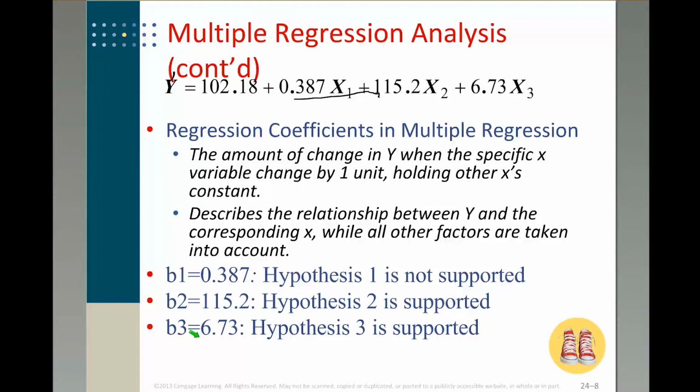Recall in hypothesis testing, we determine whether we have enough evidence in support of the hypothesis by looking at the p-value, or we should use the rejection region approach. So again, just looking at the numbers itself is not sufficient for us to make a very accurate conclusion about whether hypotheses are supported.